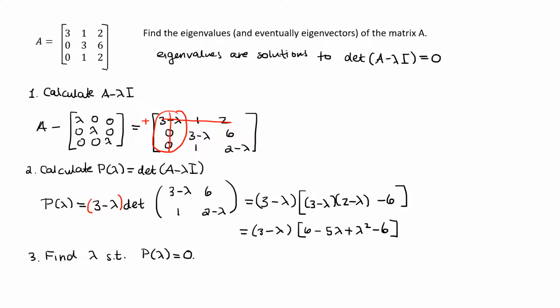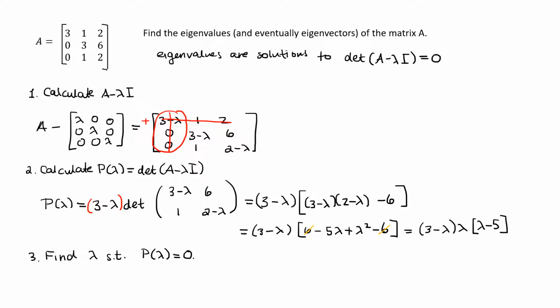Okay, notice these 6 and minus 6 cancel out. And so this factors as 3 minus lambda times lambda times (lambda minus 5).